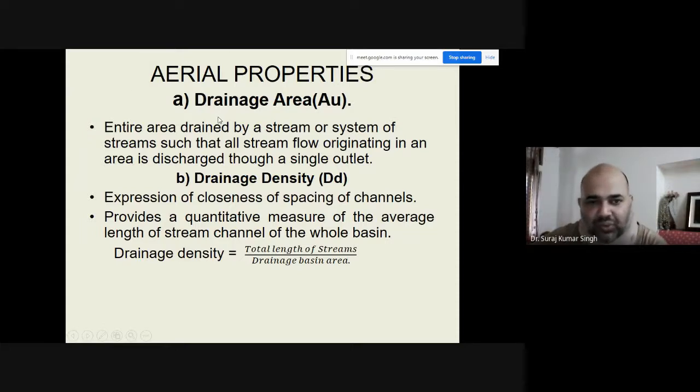So whenever you are going for aerial property, first you have to delineate the drainage area. So what is the drainage area? That is the entire area drained by a stream or system of streams such that all stream flow originating in an area is discharged through a single outlet.